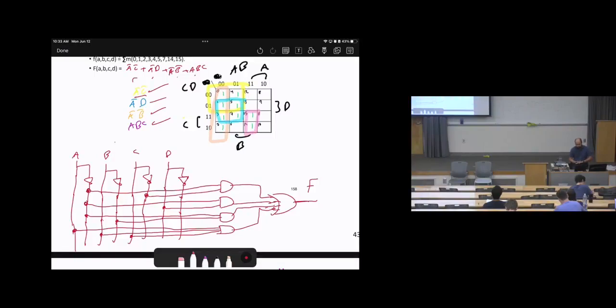Then after that, manipulate it using sum of products or product of sum, depending on the function. Any questions about how to manipulate the circuits? Because this will be required for you in the tests as well.